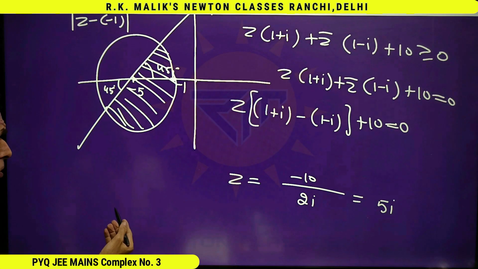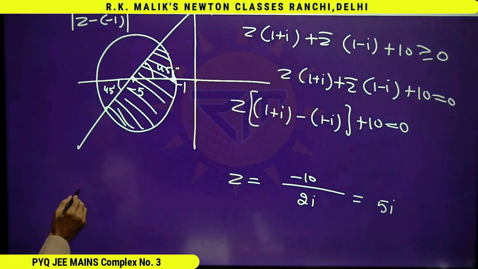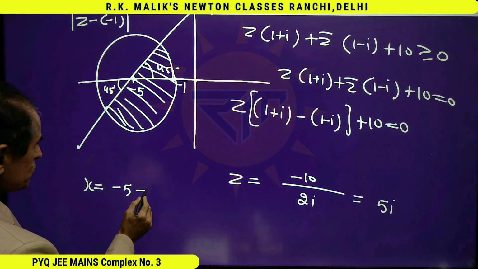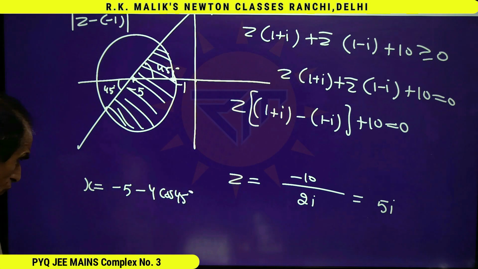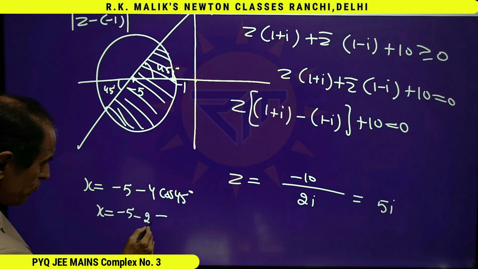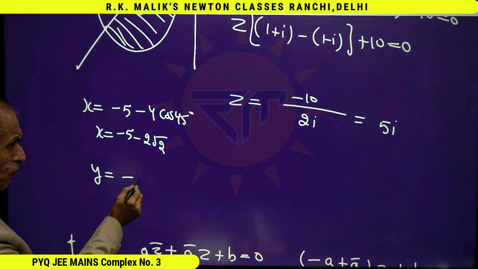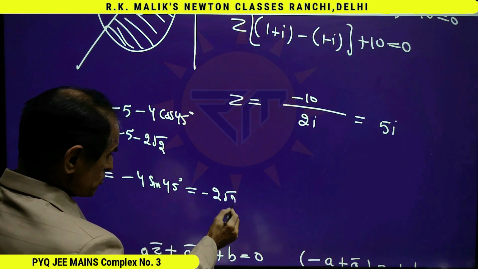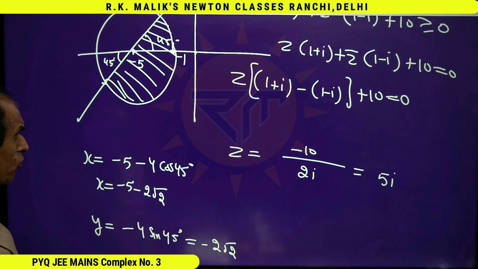Therefore, using the concept of the parametric equation of a circle, I can say the x coordinate of this point will be minus 5 minus 4 cos 45. That is, x is minus 5 minus 2 root 2. And the value of y will be minus 4 sin 45, that is minus 2 root 2. Hence, for this point, x coordinate is this, y coordinate is this.